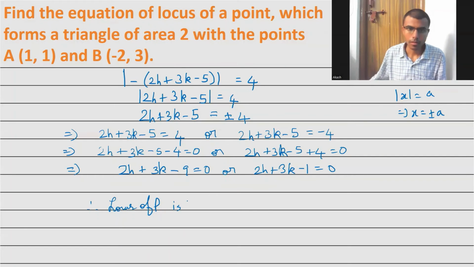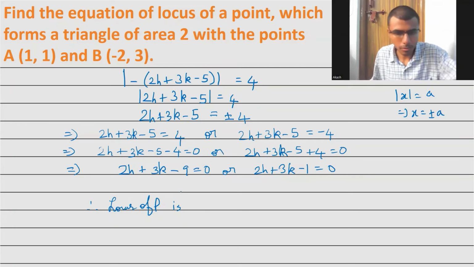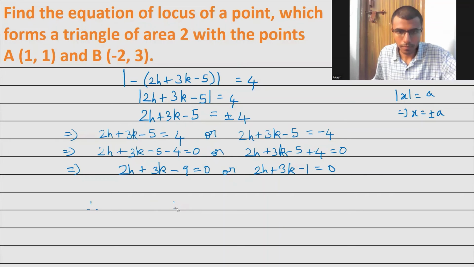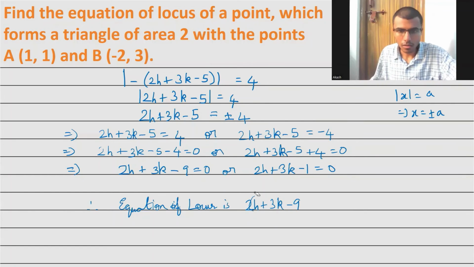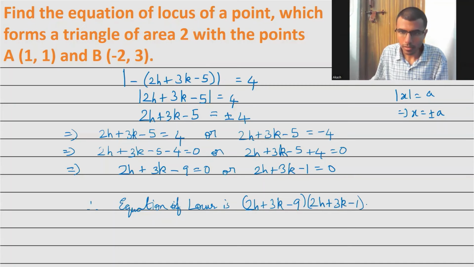Therefore, the equation of locus is, you can just write it like this: 2h plus 3k minus 9, into 2h plus 3k minus 1 equal to 0.